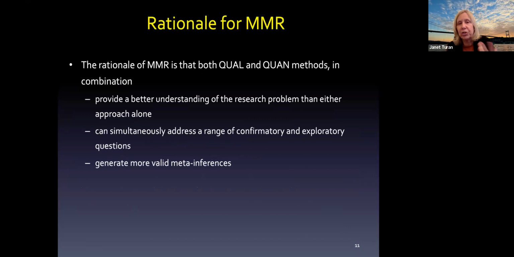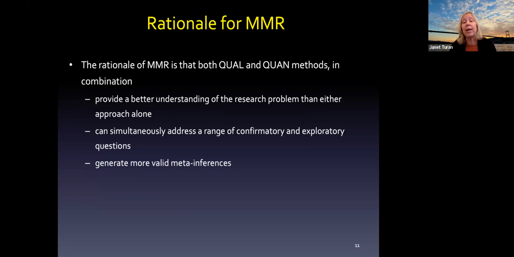And so the rationale is that when you use these in combination, both qualitative and quantitative methods, you get a better understanding of the research problem than either method could give on its own. And you can address a lot of different research questions too, both confirmatory and exploratory questions.